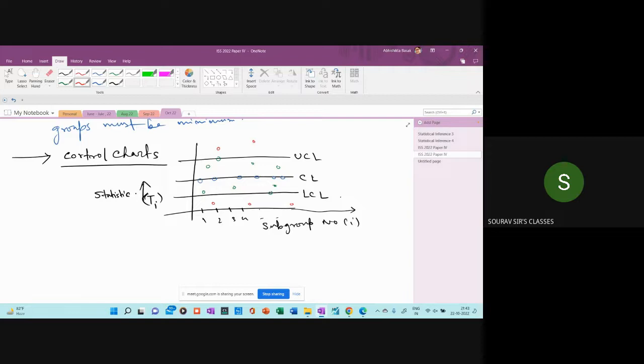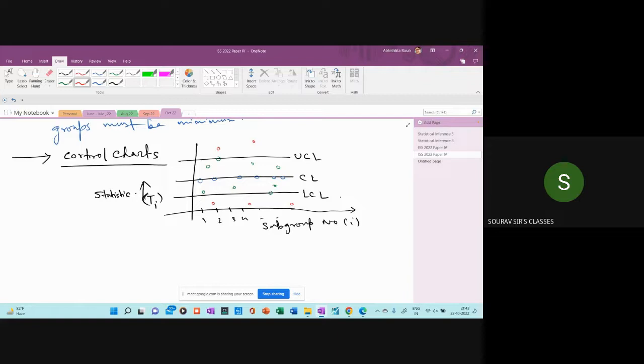If even one point falls outside the band, we can suspect that there is some error, maybe inherent variation, maybe allowable or non-allowable, and then we need to concentrate on the process and judge. If points fall outside the band of LCL and UCL, then obviously there is a problem and the process is not running properly.